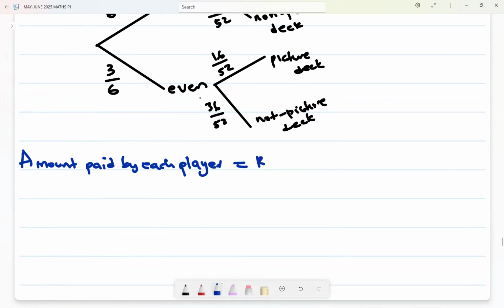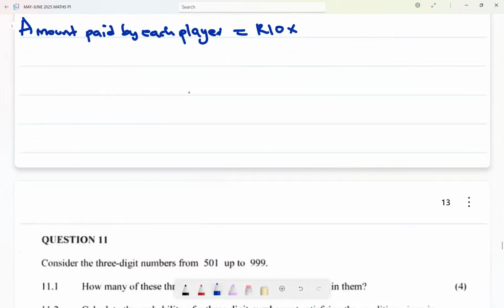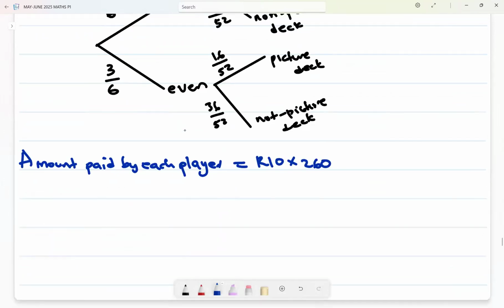So each player pays 10 rand, and how many players are there? 260. So the amount paid is 260 multiplied by 10, so 2,600. This is the amount that the owner will have.